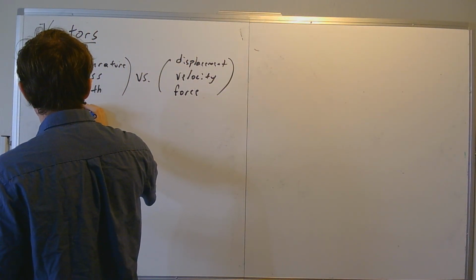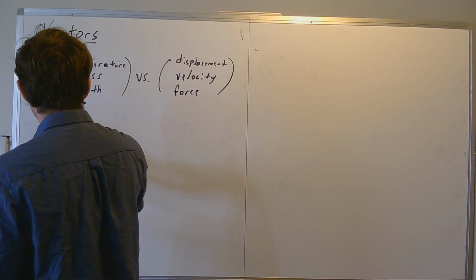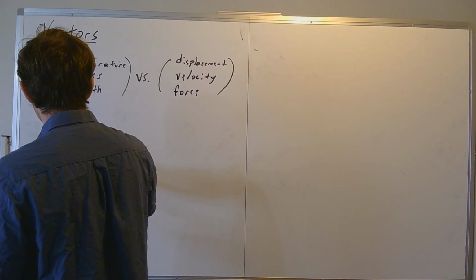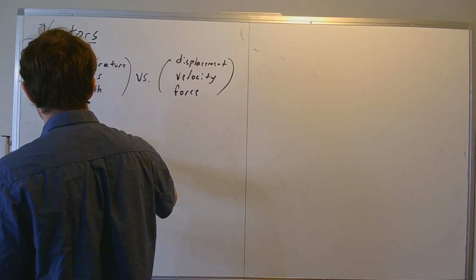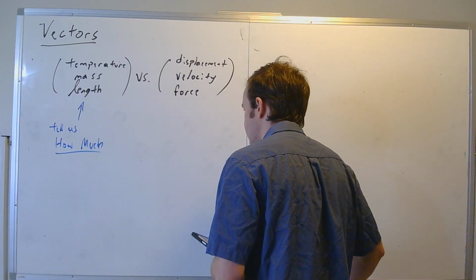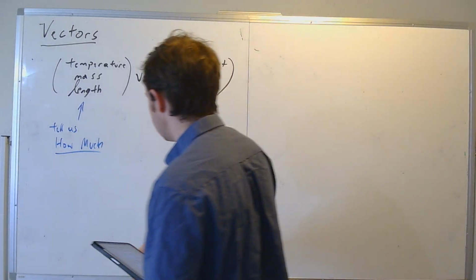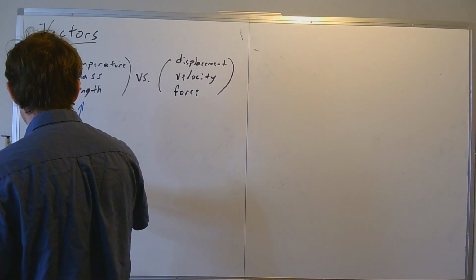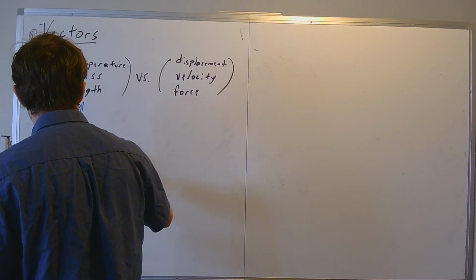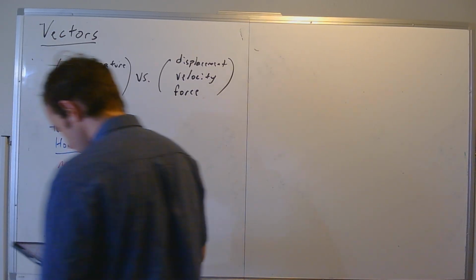Okay, so you might wonder what's the difference between these two categories, and the difference is for the first category, these tell us how much, which is the same thing as saying that these things tell us how much magnitude, right? So they just give us an amount, and we're going to call the amount a magnitude, right?